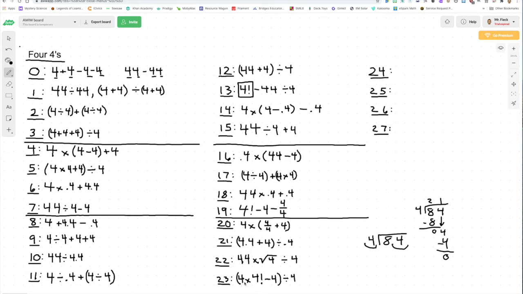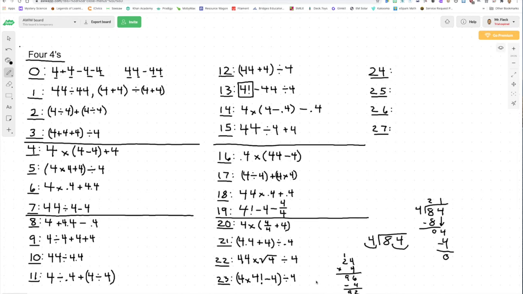So that's 4 times 24 minus 4, divided by 4. So 4 times 24 is 96, so minus 4 is going to bring that to 92.